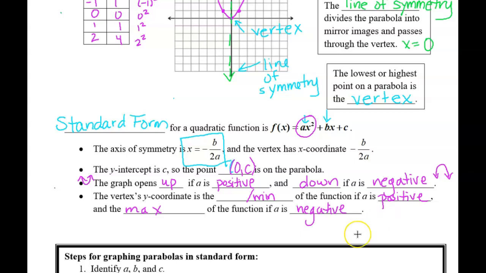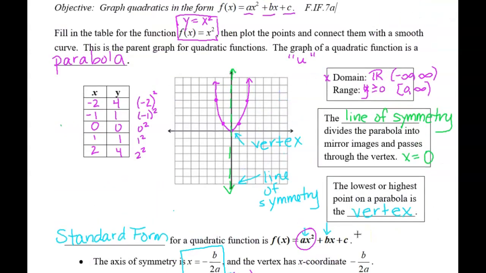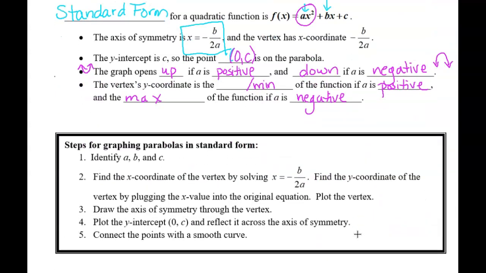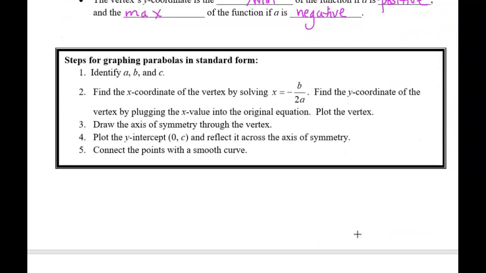All right, so some steps. What do we need to graph this parabola? That's what we're going to talk about next. First we need to find a, b, and c. If your equation is not in order, put it in order, and you always go from high to low. Then we want to find the vertex, and we find the x value by doing negative b over 2a. I found it by graphing, but that was only on the parent function. We're going to find the y value of the vertex by plugging the x value into the original equation.